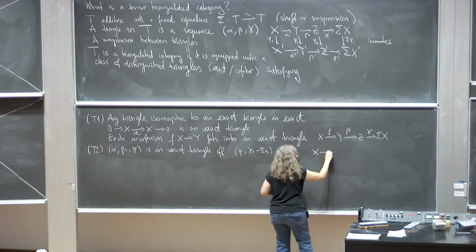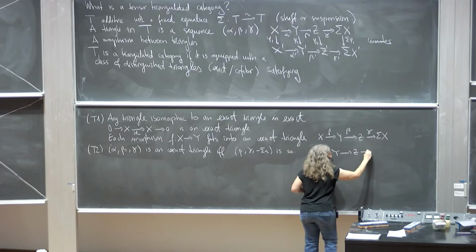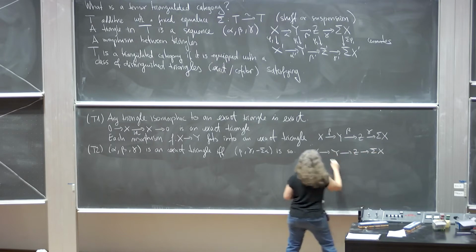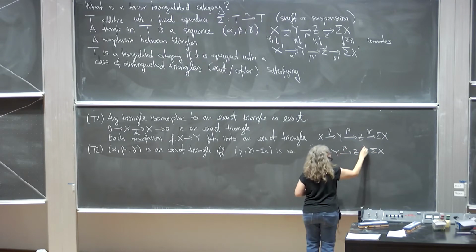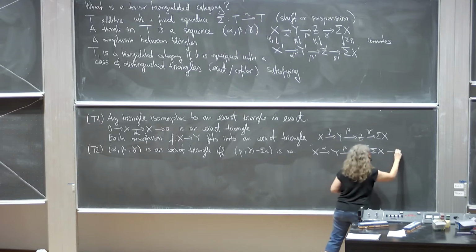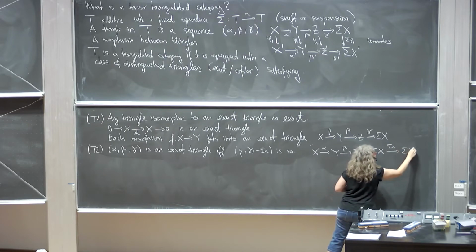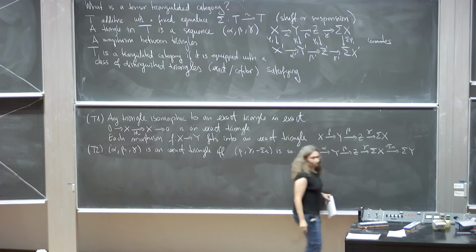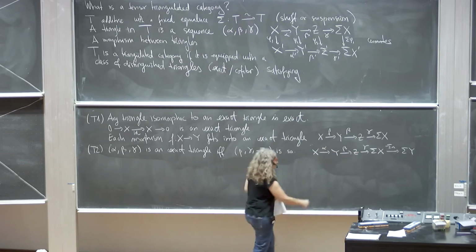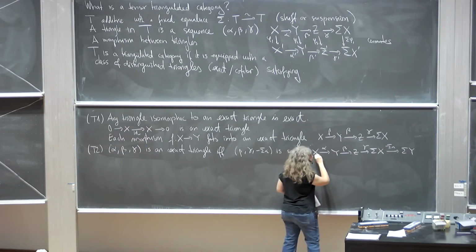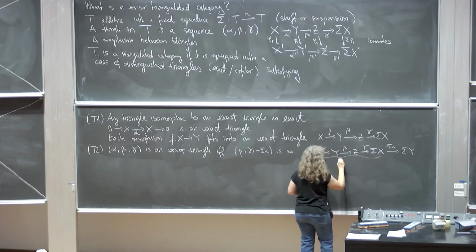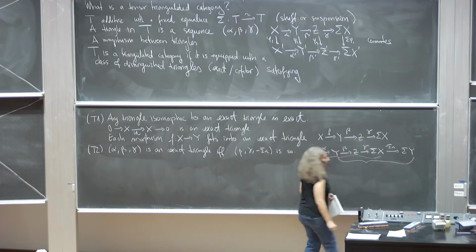You have alpha, beta, gamma, but you can continue the sequence by taking the suspension of alpha and minus suspension of alpha, and it says that this is an exact triangle if and only if this is so.